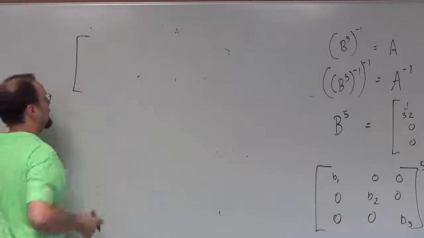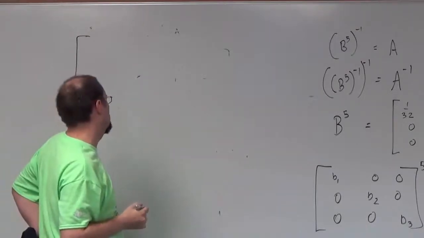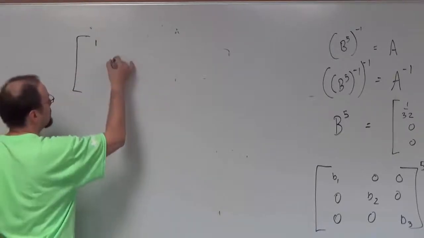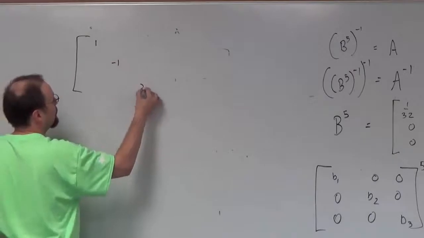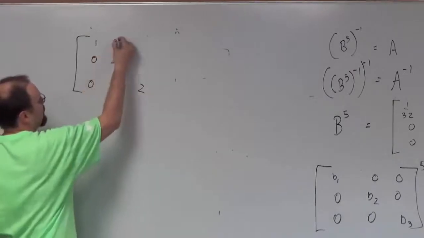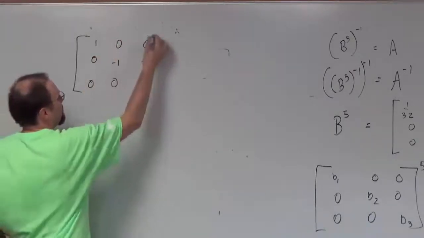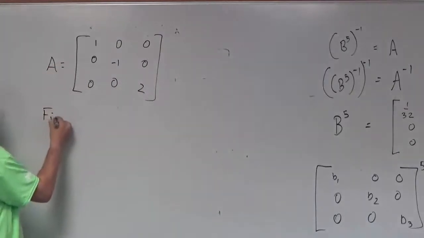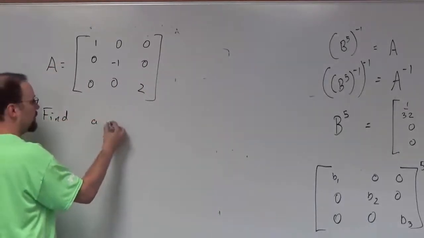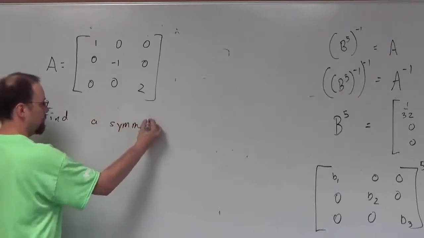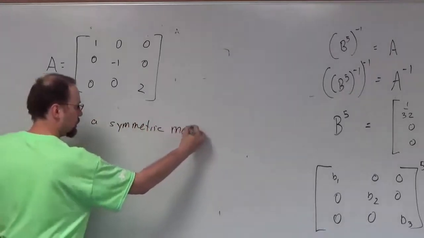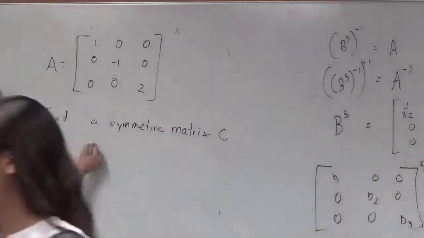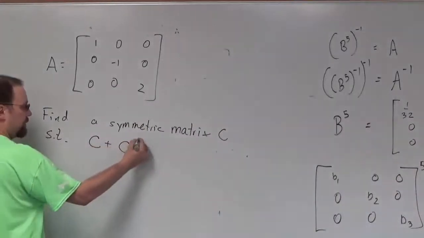So let's make that, doesn't matter, 1, say -1, just for illustration's sake. So this is a diagonal matrix, and we want to find a symmetric matrix C such that C plus its inverse gives you A.